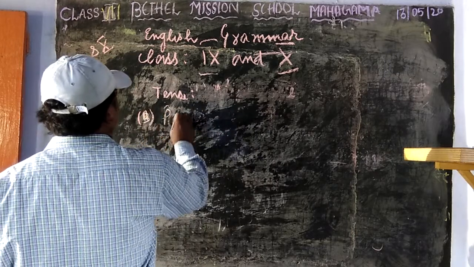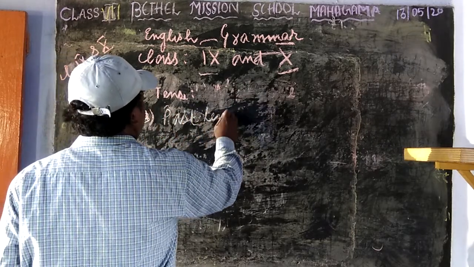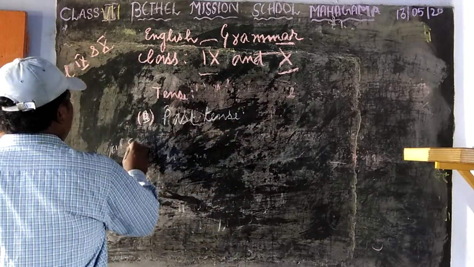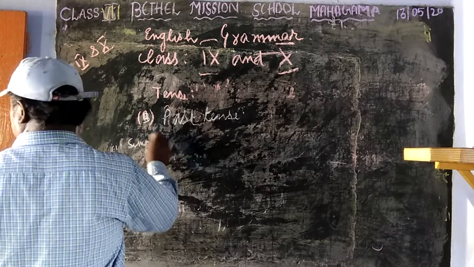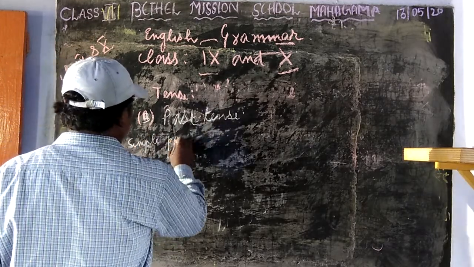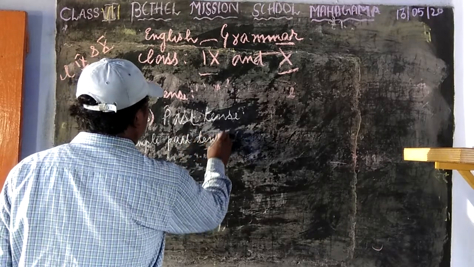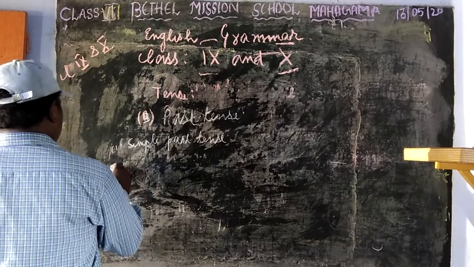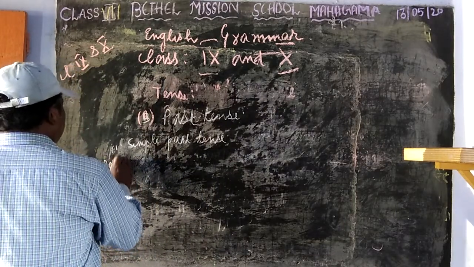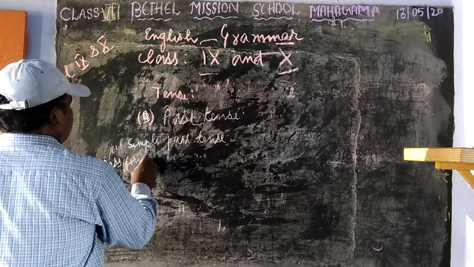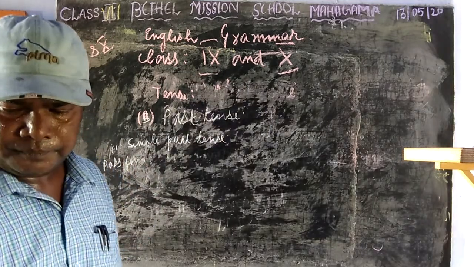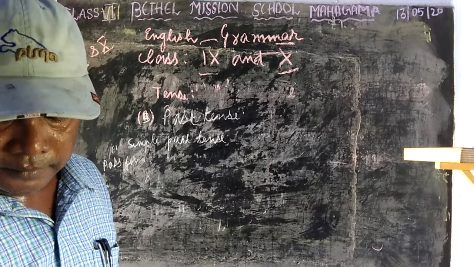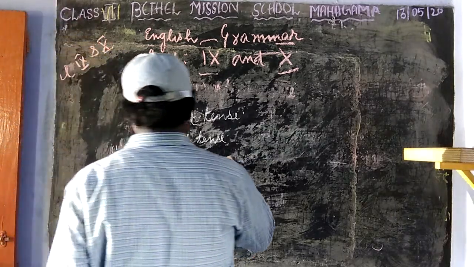The past tense. Once again, simple past tense. Passive form is was, were plus V3.